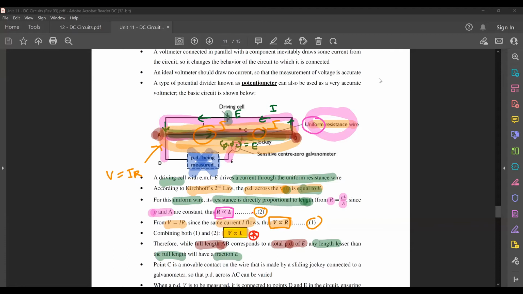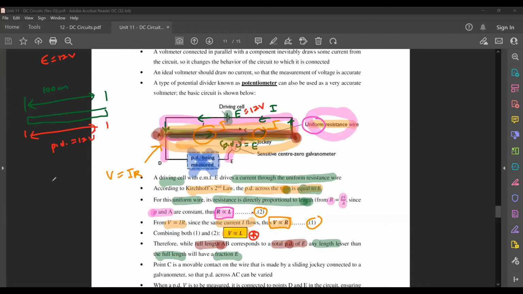So if, say, right now your resistance wire is this, and I tell you that this one is 100 centimeter, and for example, I give you some values. Your EMF is 12 volts. This one, your PD would also be 12 volts.